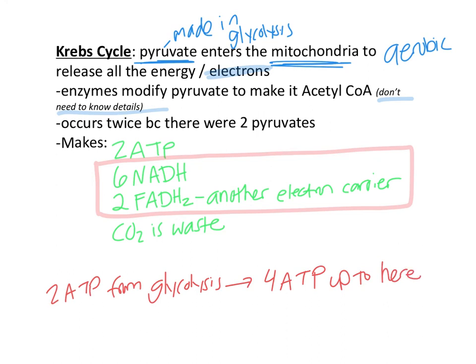Since the glucose molecule stores enough energy to make about 38 ATP, we've made only 4, so there's still a huge piece of the puzzle missing, and that is step number 3, which we'll hit in the next video.